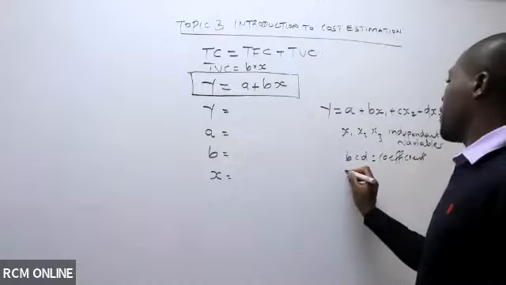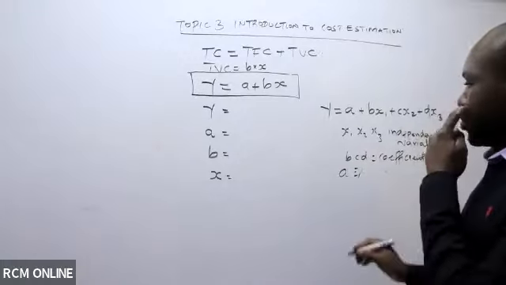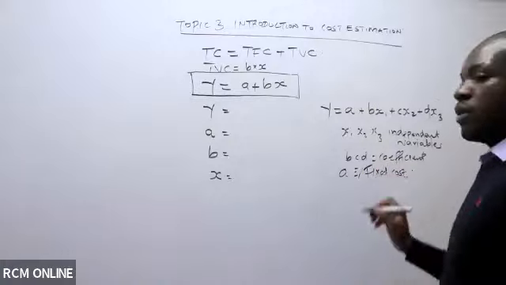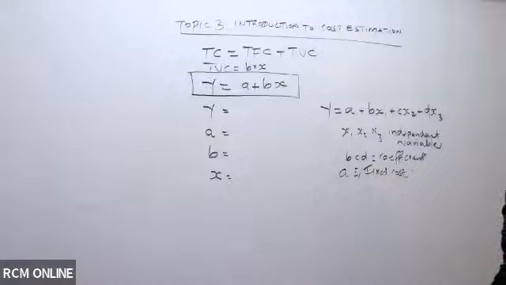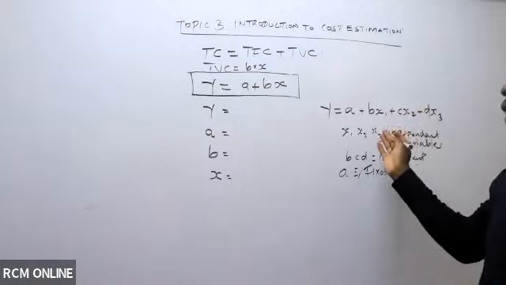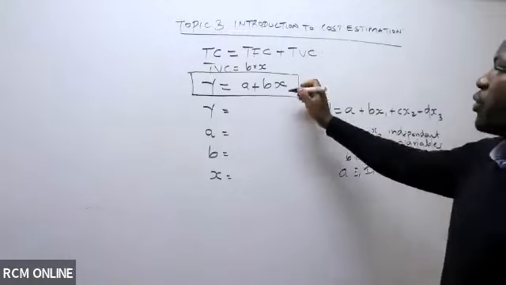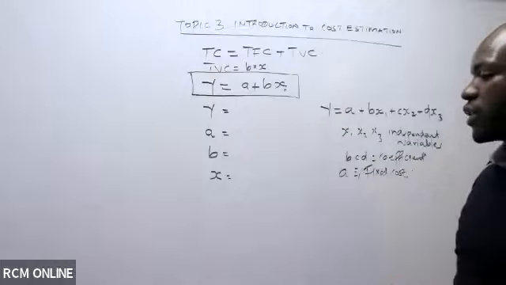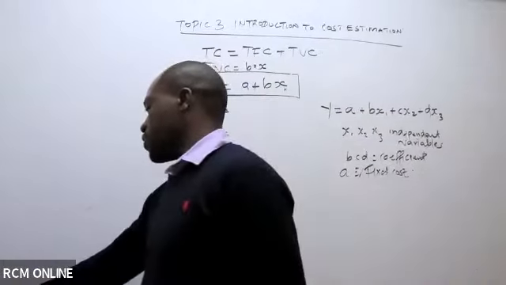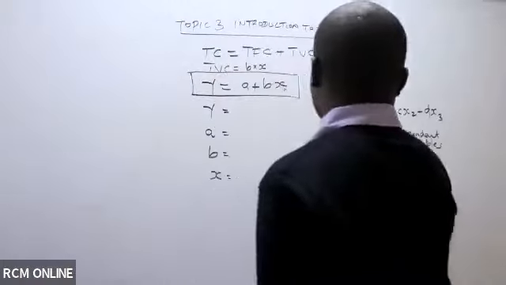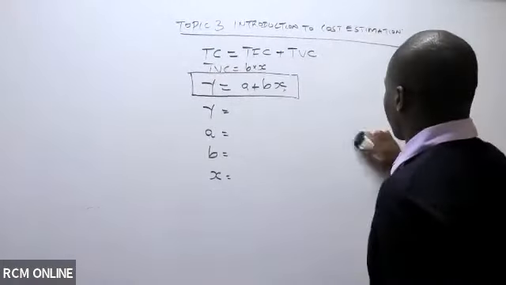We call a the fixed cost. So that's what you are going to deal with when you get to advanced management accounting. But at this particular point, we only have one independent variable. That's why we're talking about introduction to cost estimation.